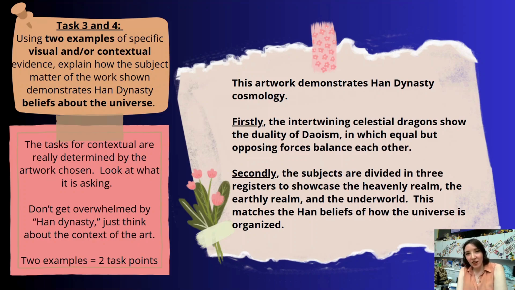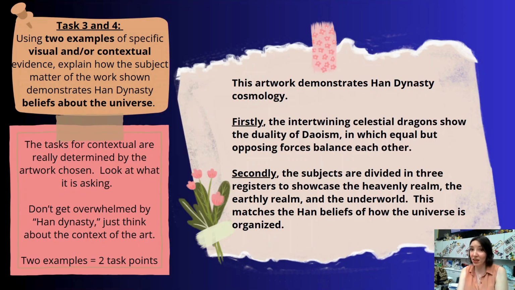So here it's saying use 2 examples of specific visual and or contextual evidence. Explain how the subject matter of the work demonstrates Han Dynasty beliefs about the universe. First thing, make sure you're checking what type of evidence it wants. In this case, it's visual and or contextual, very flexible. It is the contextual FRQ.